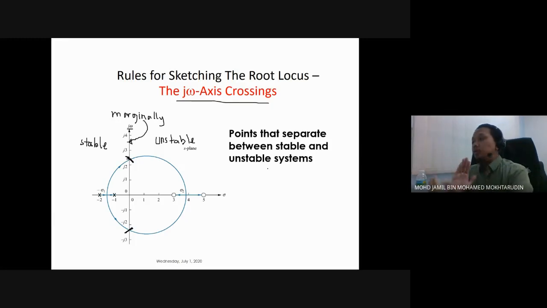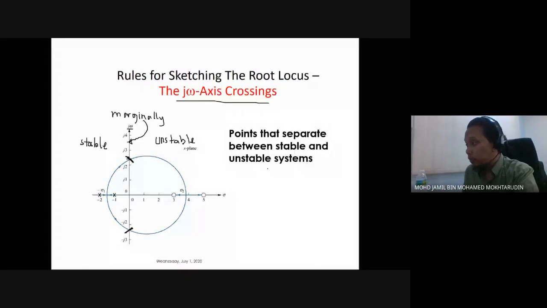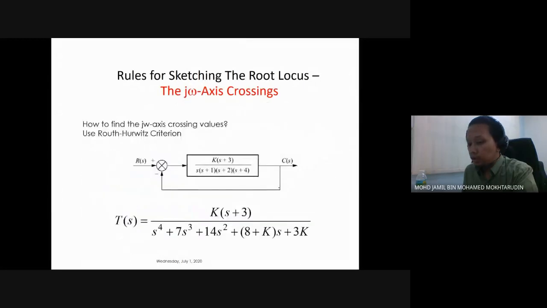So to know about the JW axis crossing, you want to know the value of K or the value of poles for the system to be marginally stable. Let's look at an example of how to find the JW axis crossing.